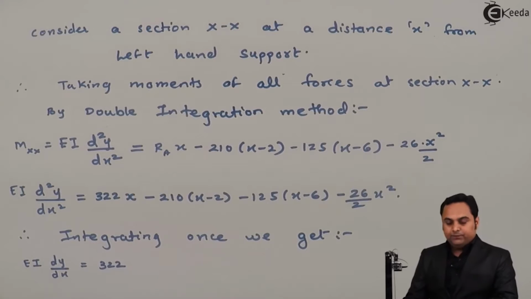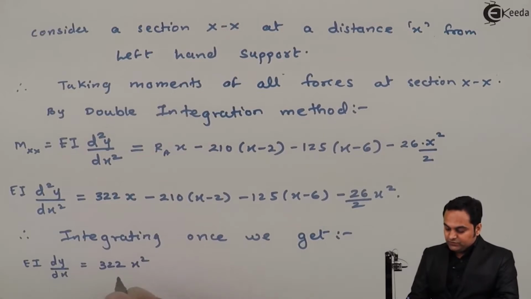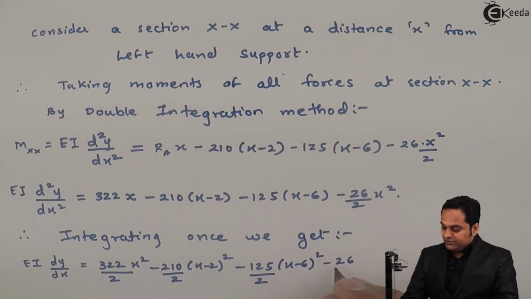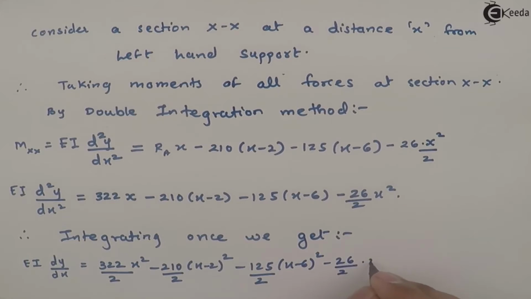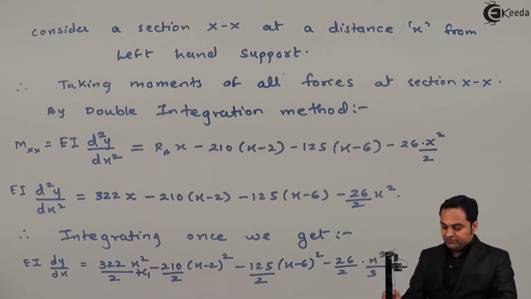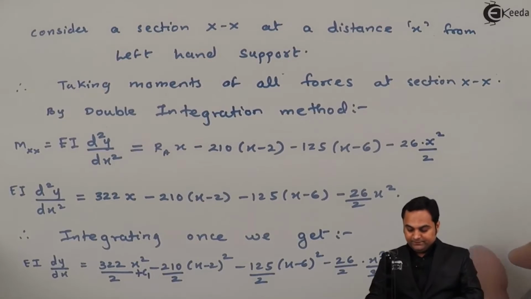Here it is 322, integration of x, that is x square by 2, minus 210, x minus 2 whole square by 2, minus 125, x minus 6 whole square by 2, minus 26 by 2 into x cube by 3. And since I have integrated, I'll add a constant, which is c1.